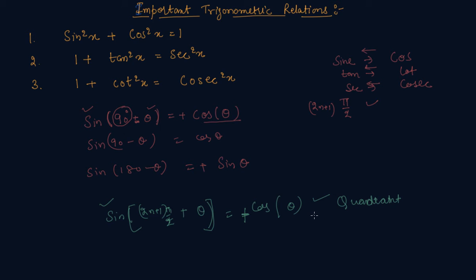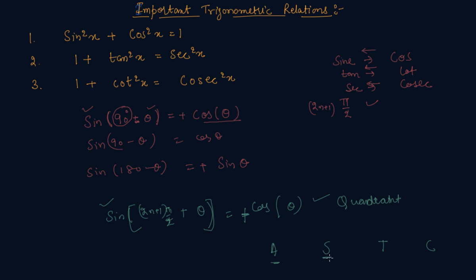So the sign of the trigonometric functions you will check from the table or the graph which I have shown you in my previous lecture. Students, there was a short trick which I told you: after school to college. After means in the first quadrant all the trigonometric functions are positive.